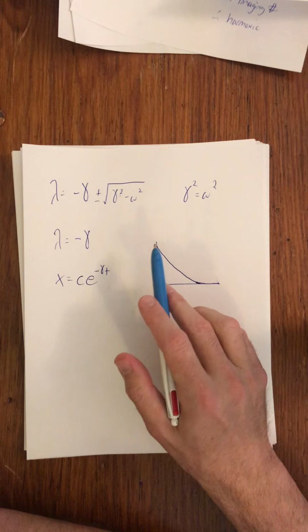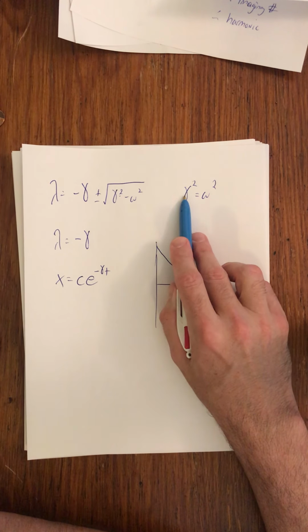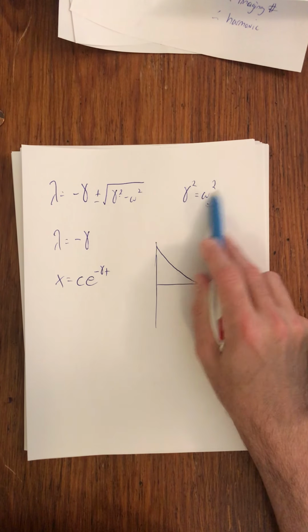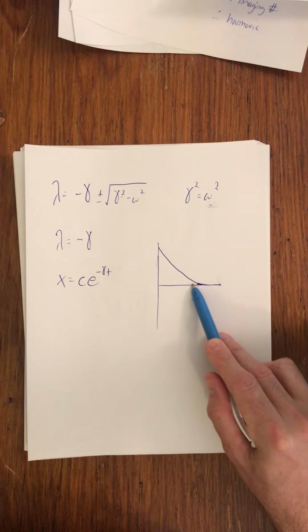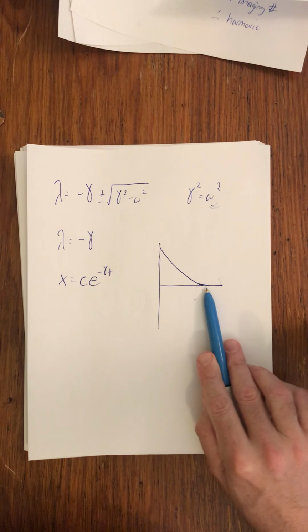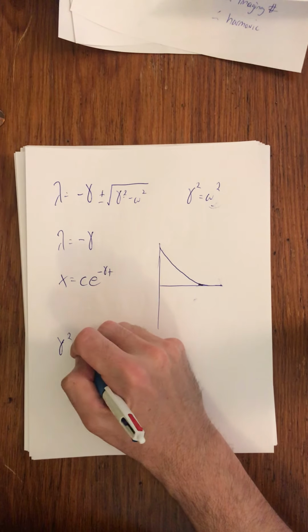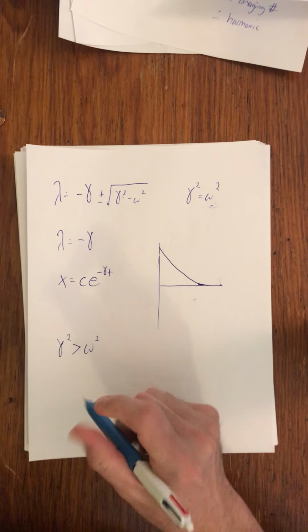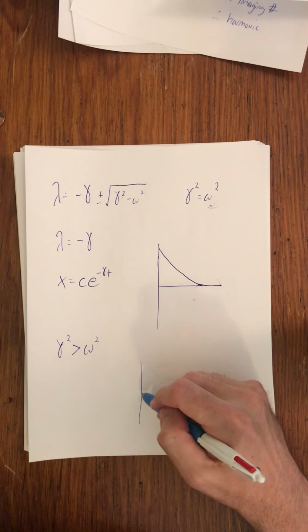So that makes sense. If the resistive term is on the same order of magnitude as the restoring force term, it's never going to go into oscillation. And if gamma squared is larger than omega squared, notice that the square root is now real, so this thing never goes into oscillation ever.